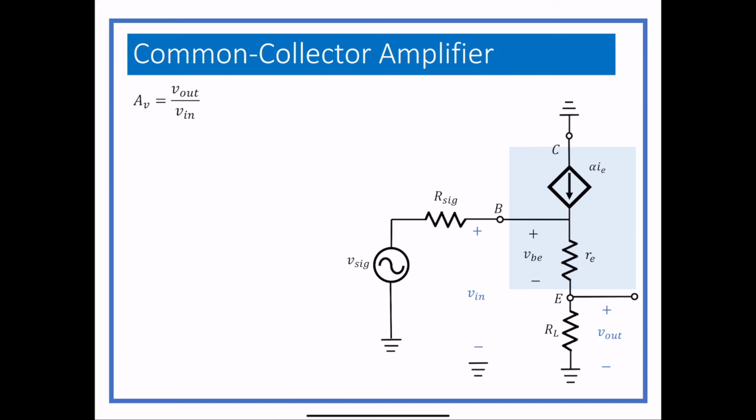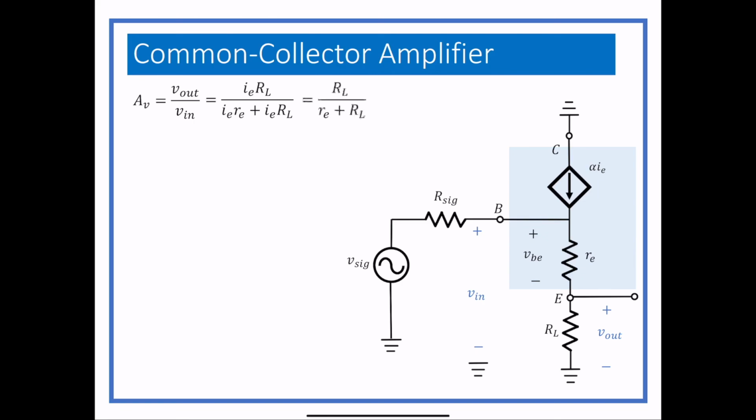The gain is similar to what we did before, Vout over Vin. Vout is just IE times RL, and Vin is IE times little re plus IE times big RE. So we can cancel out all the IEs and we just get RL over little re plus big RE. And since, no, it's not RE, it's RL.